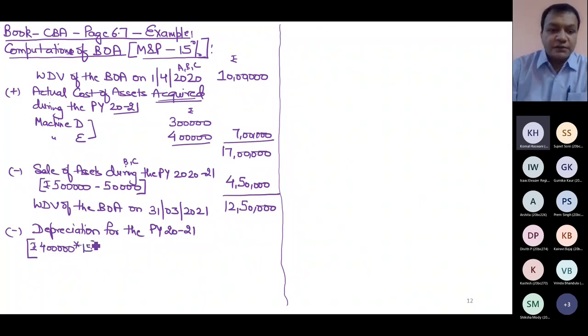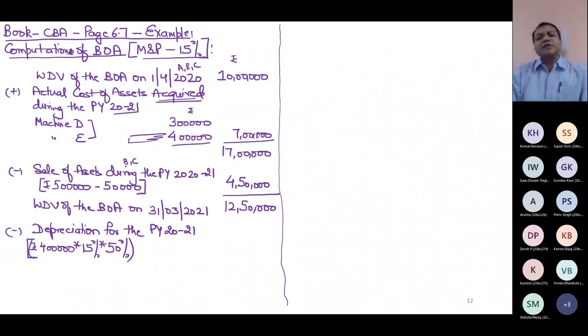So normal rate is 15% into half. This is the first point, that on 4 lakh rupees, because this is the machine which is acquired during the previous year 2021 and put to use for less than 180 days. So on this machine, half the rate is to be charged.